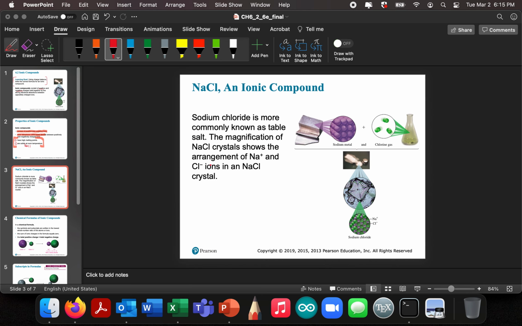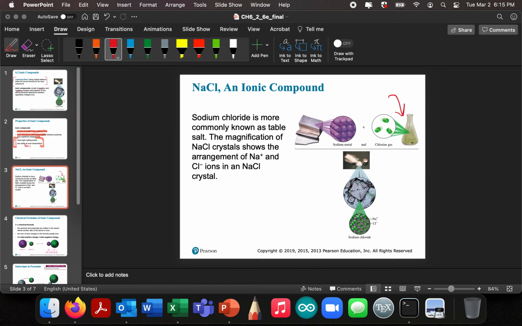All right, so let's look at this. Sodium chloride is an ionic compound. It's a great example. What we do with sodium chloride is we take sodium metal, which is a soft gray, malleable solid, and it's a bunch of little atoms in an array. And we take chlorine gas, which is green, nasty stuff, right?